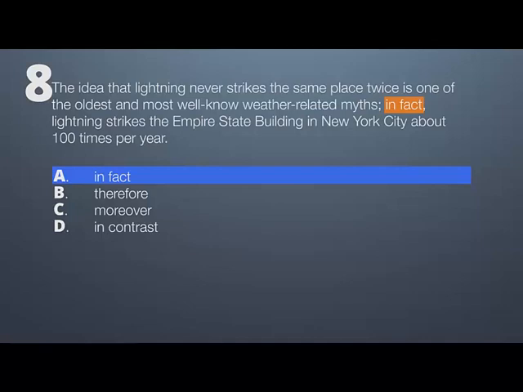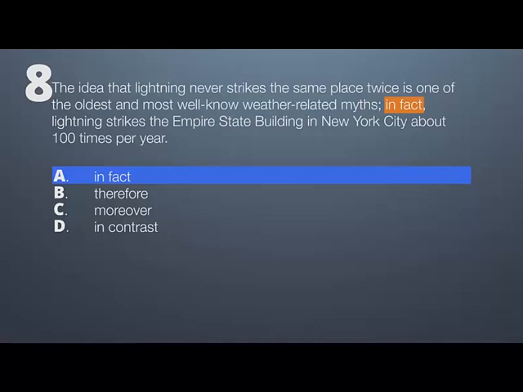If we look again, the idea that lightning never strikes the same place twice is one of the oldest and most well-known weather-related myths. If we put a period, we have a complete thought. Our second construction, lightning strikes the Empire State Building in New York City about 100 times per year.